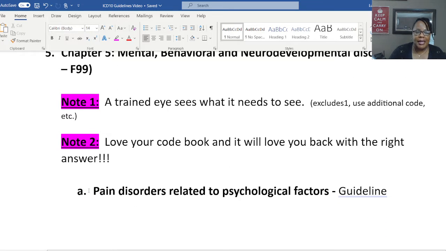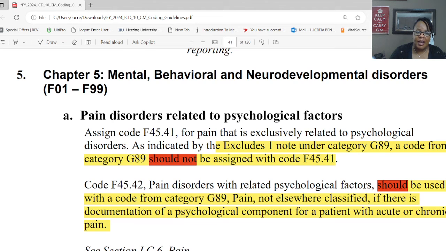So we stopped at Chapter 5 at A, pain disorders related to psychological factors. Let's go to our guidelines on 5A. And it says, assign code F45.41 for pain that is exclusively related to psychological disorders, as indicated by the Excludes1 note under category G89.